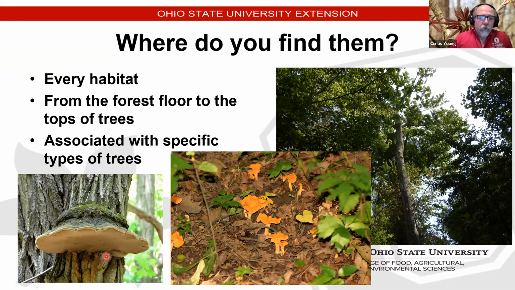Or if you know what the cracked cap polypore looks like, you can identify the tree species that it's growing on because of its close association and affinity for just black locust trees. And this one was one of the samples that I found there at the Mansfield campus in Mansfield, Ohio.